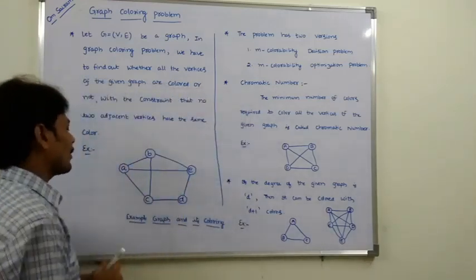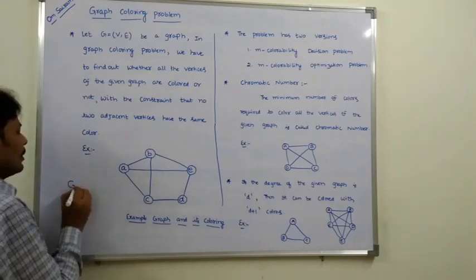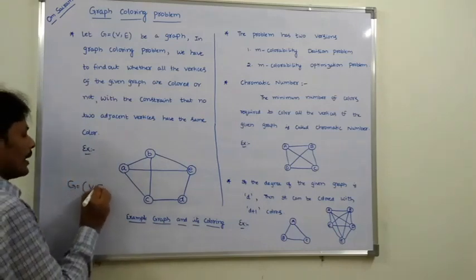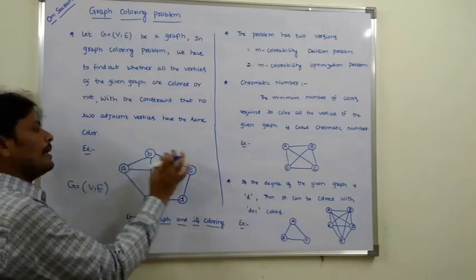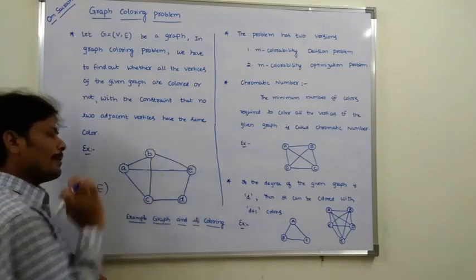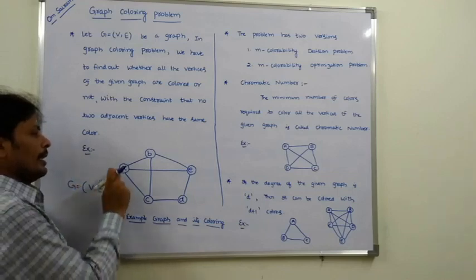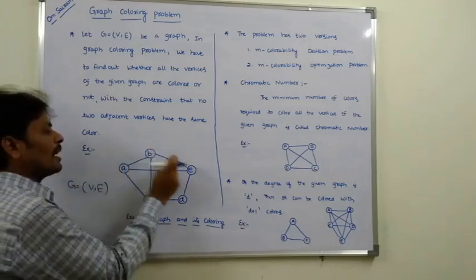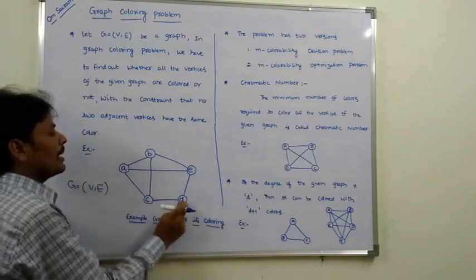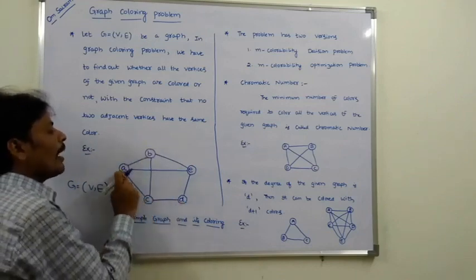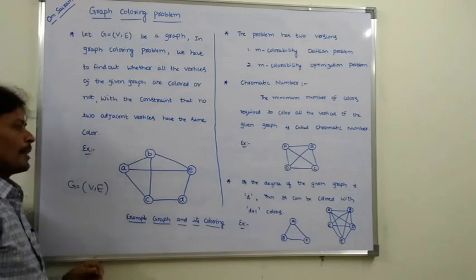In this given graph, G = (V, E), where V = {A, B, C, D, E}, and E = {(A,B), (B,E), (D,E), (A,C), (C,D), (B,C), (A,E)}.